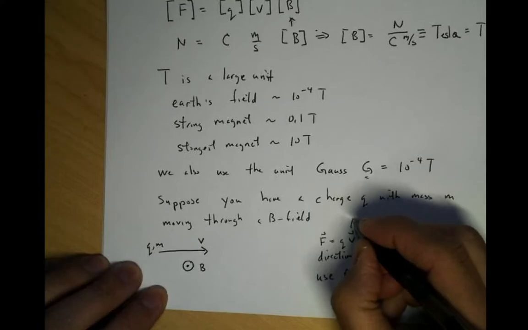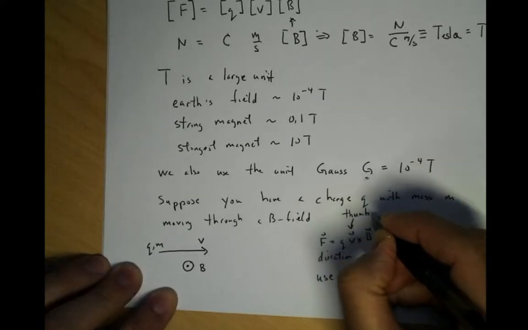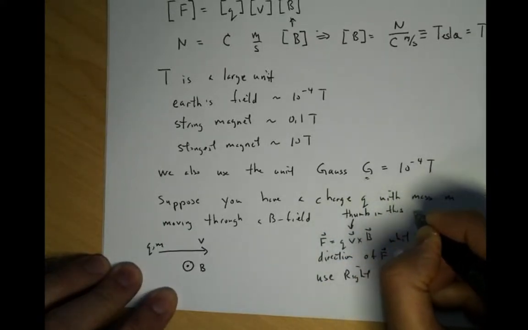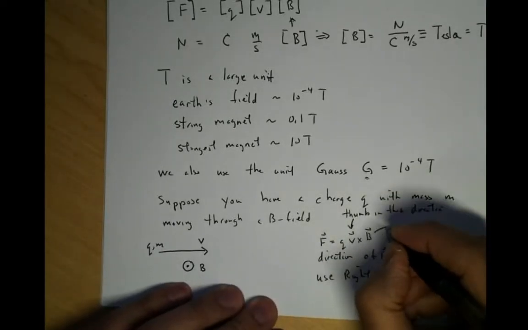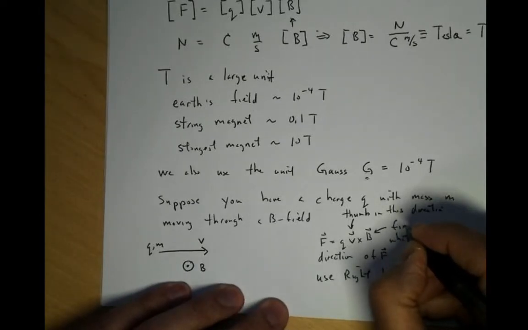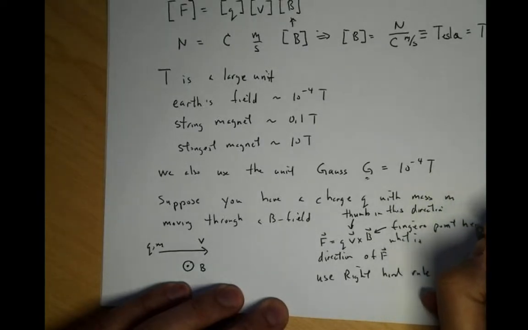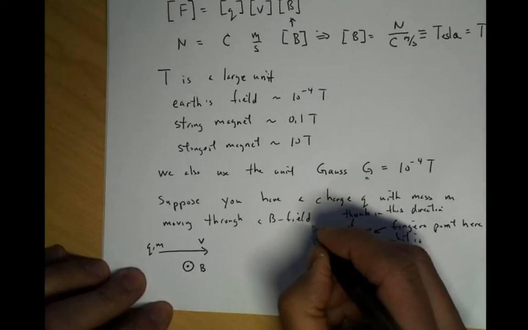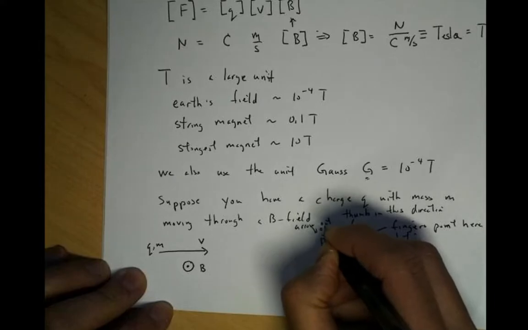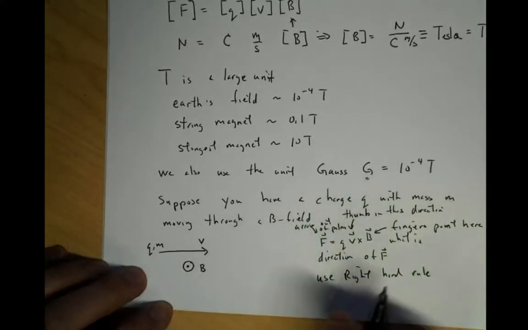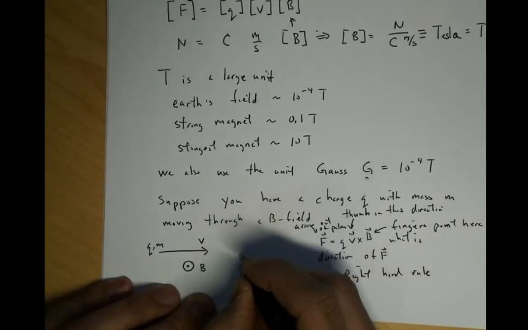Your thumb points in the direction of the first thing. Your fingers point along the second thing. And then the arrow sticking out of your palm is the result.